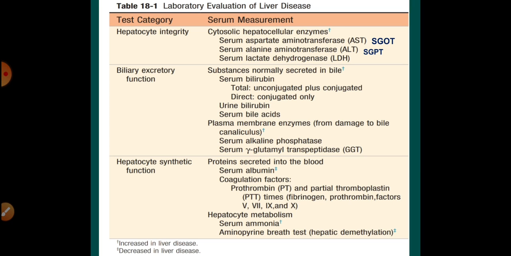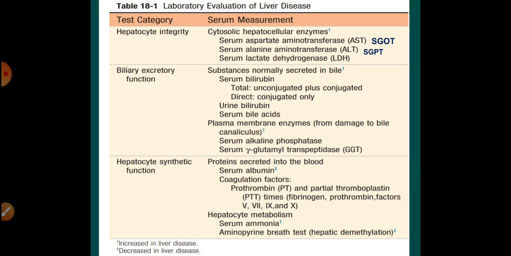The excretory function of the liver can be assessed by assessing the commonly excreted substances in the bile, for example bilirubin, which is commonly excreted by the liver into the bile. So by measuring the serum bilirubin concentration in the blood, we can assess the excretory function of the liver.